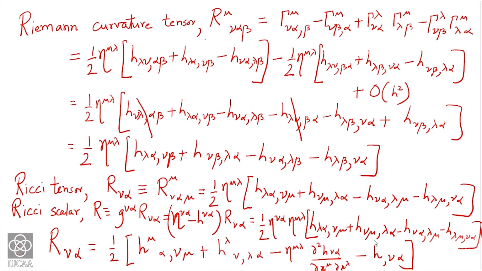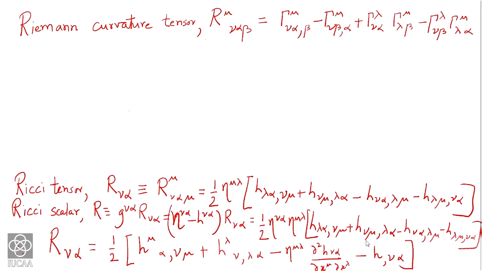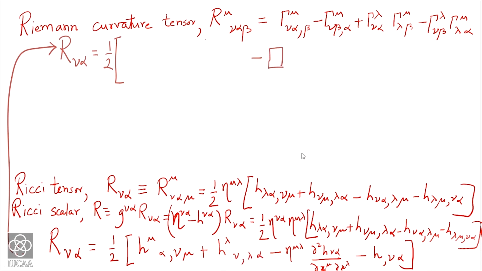All right. So, let us look at the expression in somewhat more detail. Probably what I will do is erase the top part so that we can directly manipulate. Since eta mu lambda del 2 h nu alpha by del x mu del x lambda is the d'Alembertian of h nu alpha, this whole thing can now be written as the d'Alembertian minus the d'Alembertian of h nu alpha.